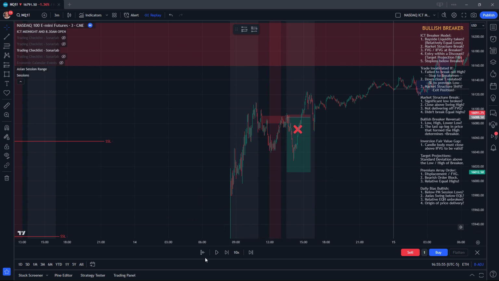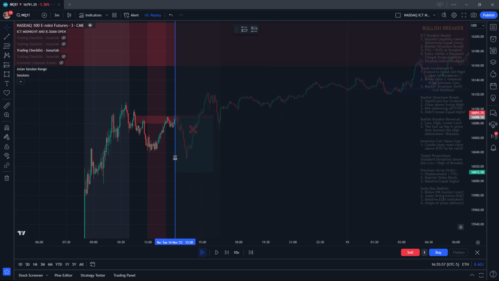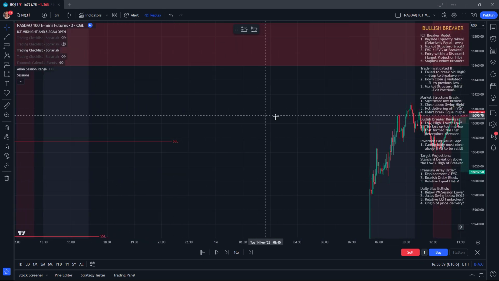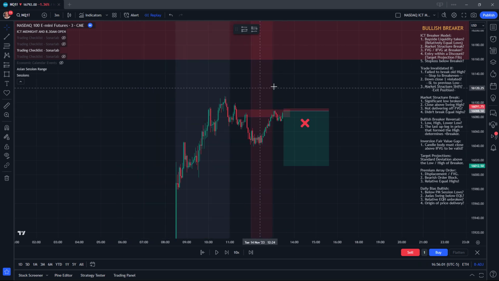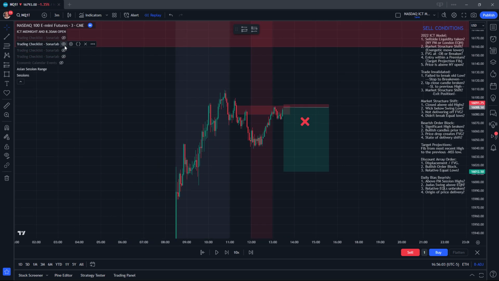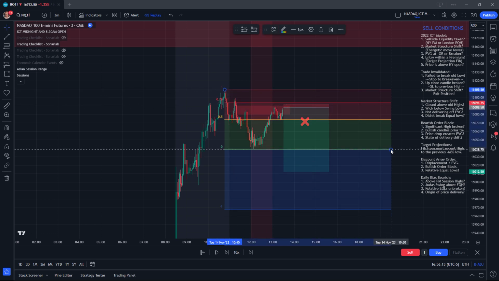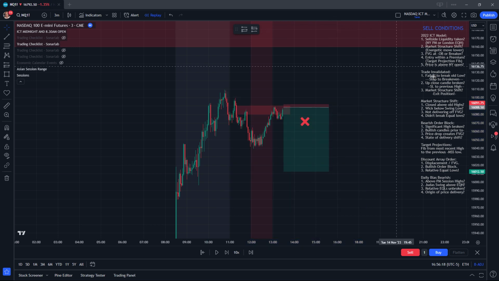Okay, so now let's revisit this one here. So we're thinking 2022 sell model, sell side liquidity taken, market structure shift, entry within a premium, premium to go to sell, fair value gap here, price above the New York Open.